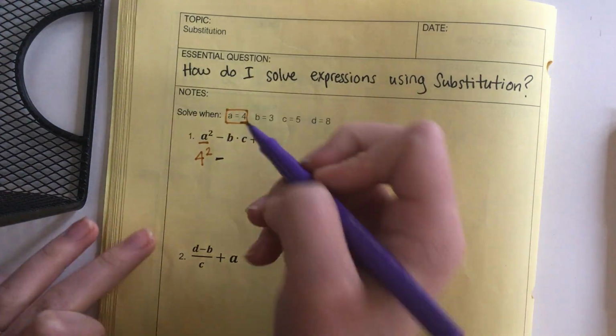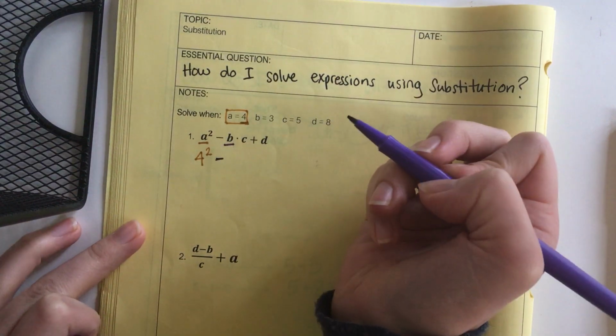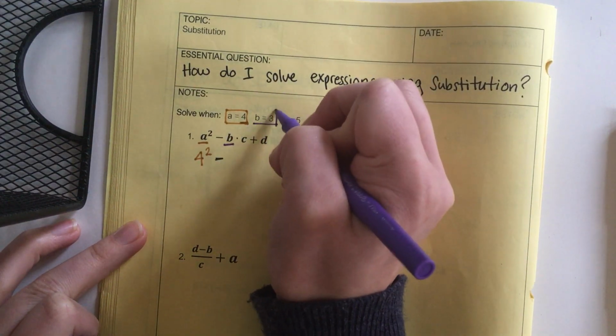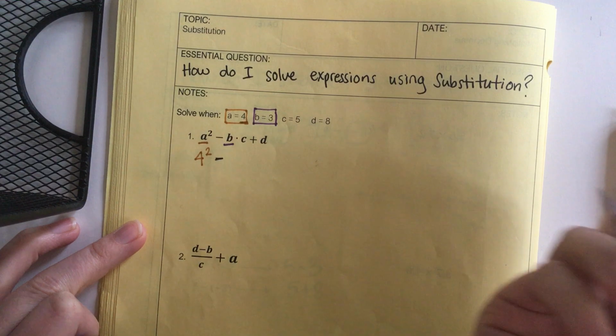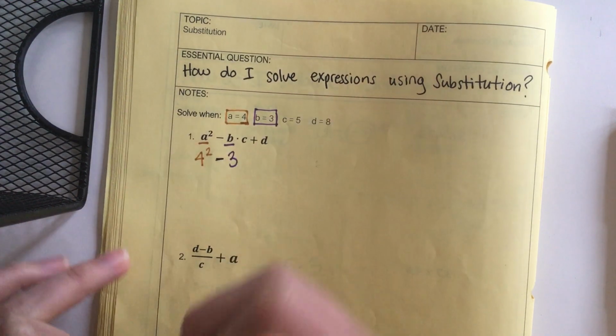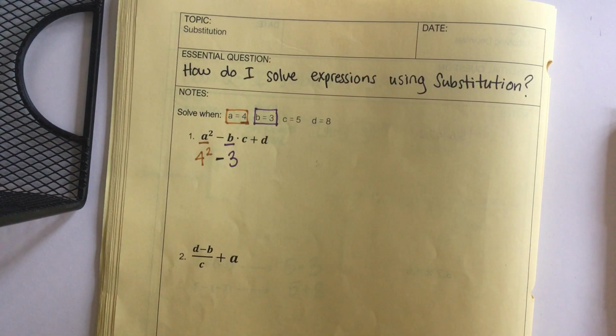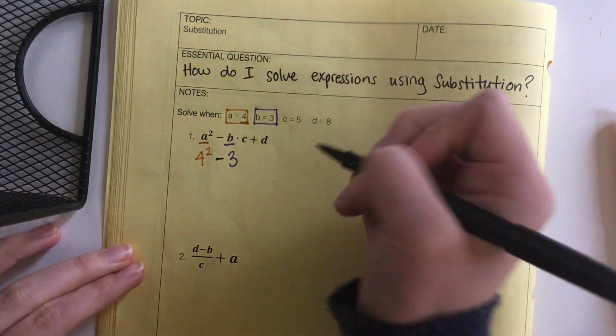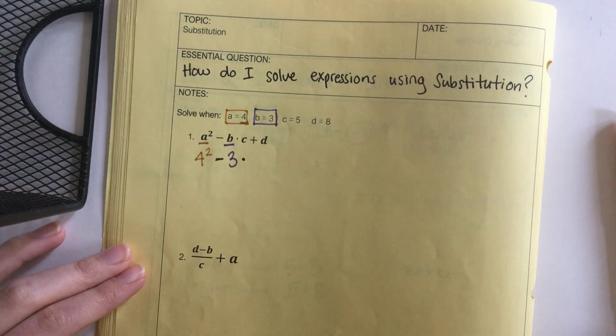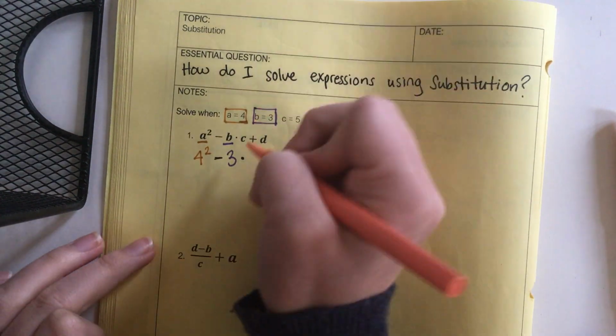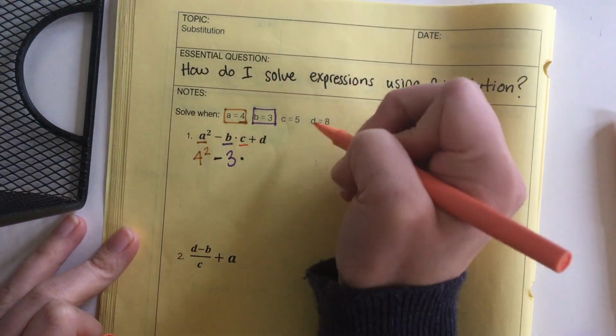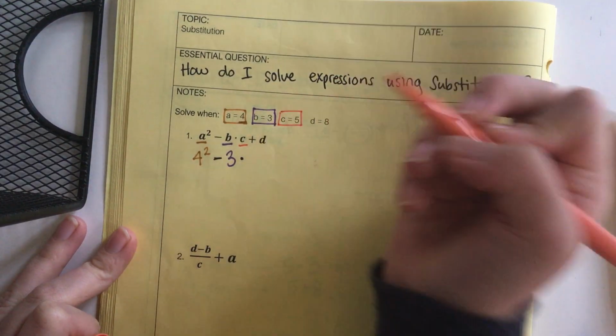Let's move on to our next number. We have a B, and we know that B is equal to 3. So I'm going to replace that with a 3. There we go. I have multiplication. I have a C now, and up here it tells me that C is equal to 5.